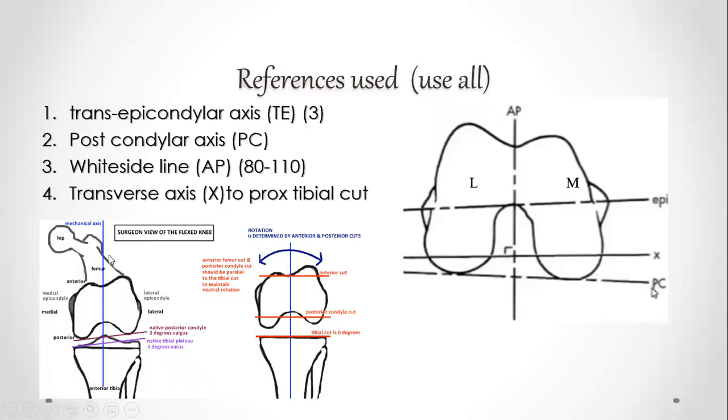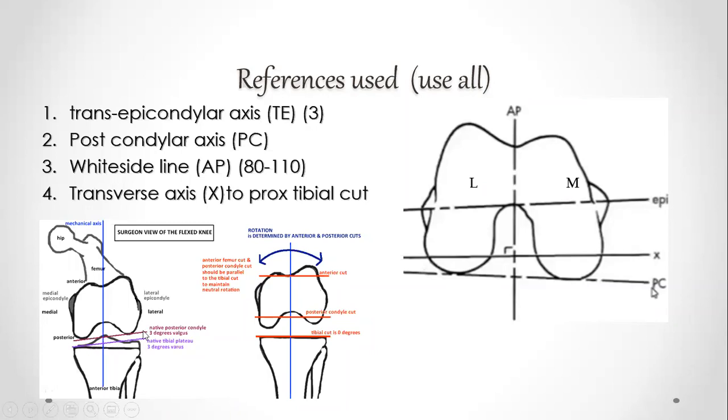So here in this picture, you can see that the native posterior condyle in the red is 3 degrees valgus in relation to the mechanical axis. If we make the mechanical axis of the tibia on a flexed knee, it will be in valgus. And the native tibial plateau in the purple is 3 degrees varus.